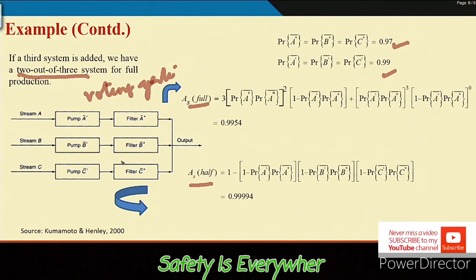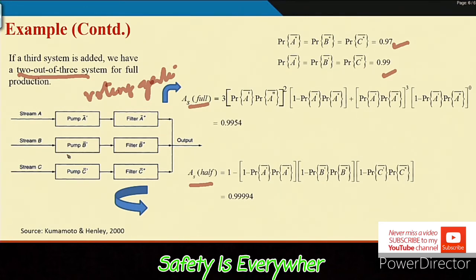So, now we use the binomial theorem that you have seen in the last class. So, here the stream A availability, stream B availability and stream C availability are the same. So, their unavailability is also the same. So, because of this assumption, that means we have three different streams, each stream is having equal probability of availability or unavailability.